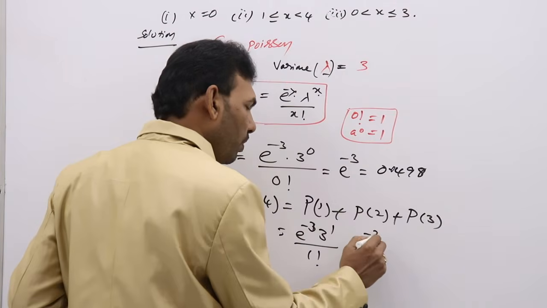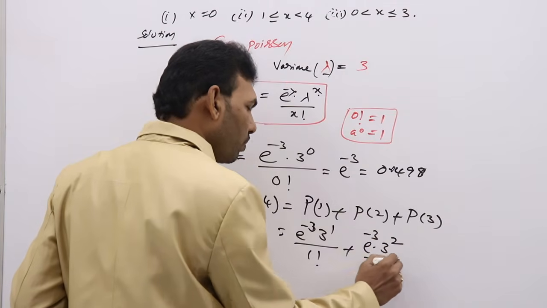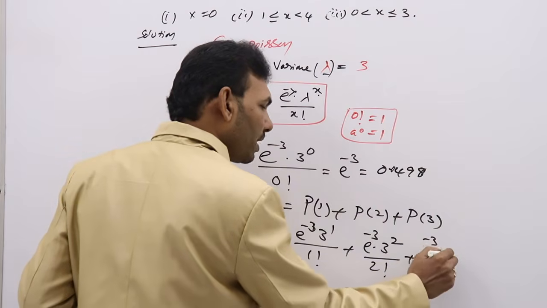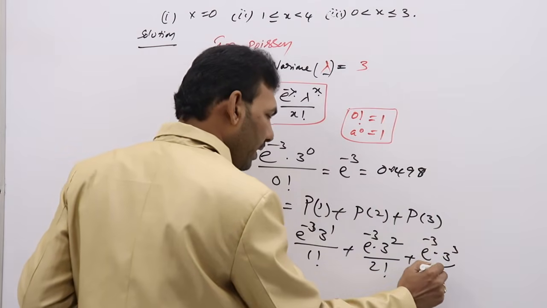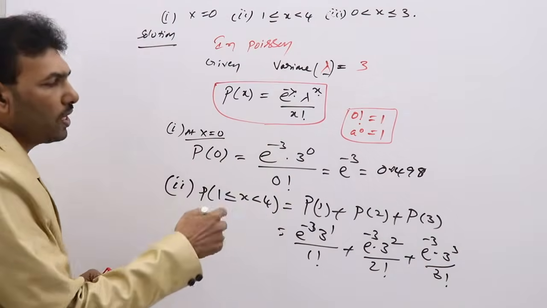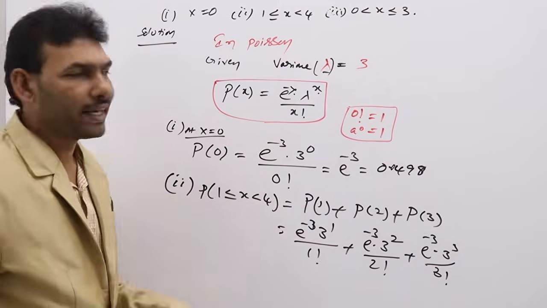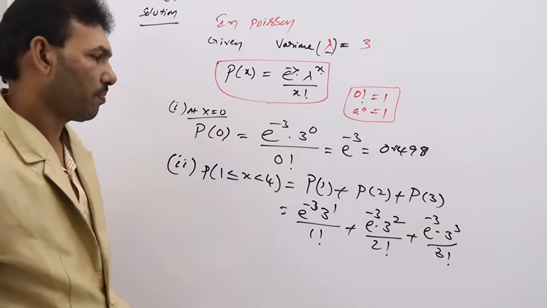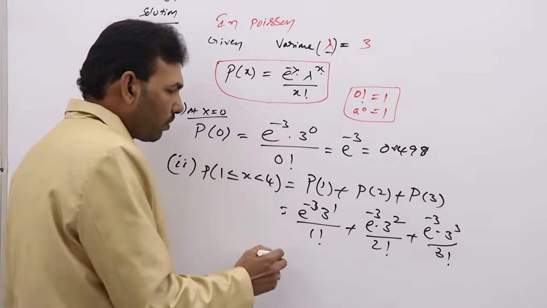Probability of 2, e power minus 3 into 3 power 2 by 2 factorial. Probability of 3, e power minus 3 into 3 cube by 3 factorial. Write 3 in the place of lambda and x accordingly in this formula.